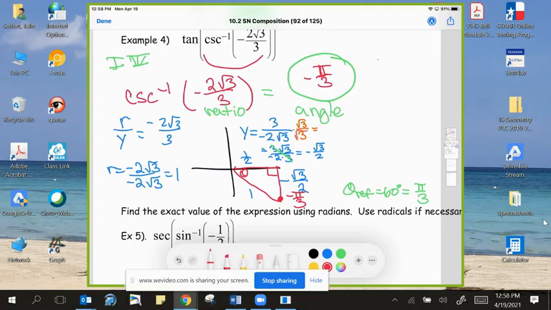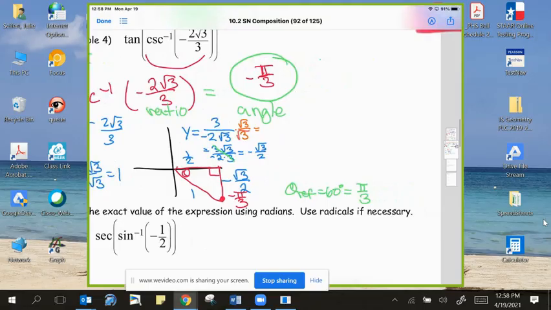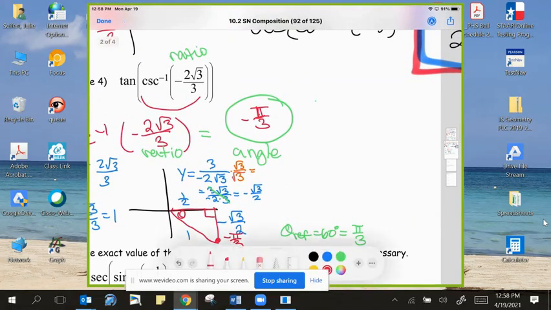Now, we're not quite done yet. I know we already did a lot on this problem. So we found cosecant inverse of negative 2 root 3 over 3. The question wanted tangent of that value. So now we're finding tangent of negative pi over 3.